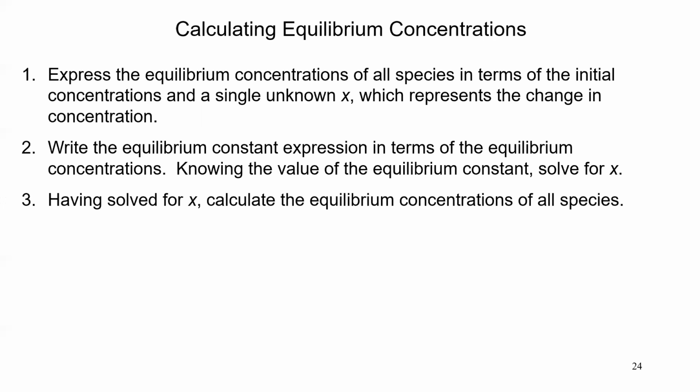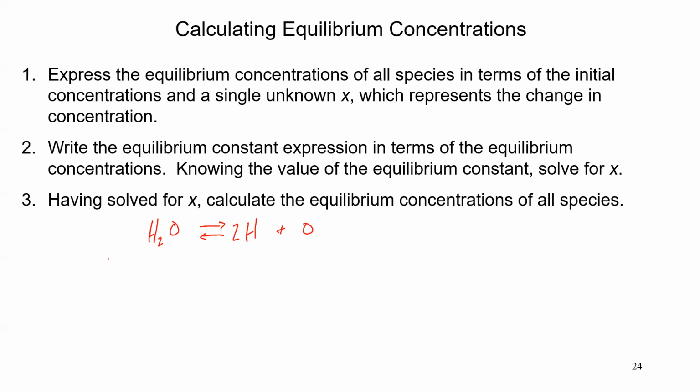And so we tend to do this in something that we call an ICE table. And so I'm going to do the water example. So let's say this is an equilibrium with 2 atoms of hydrogen and 1 atom of oxygen, right? And I'm not talking about diatomic elements for now. We're leaving these as atoms.